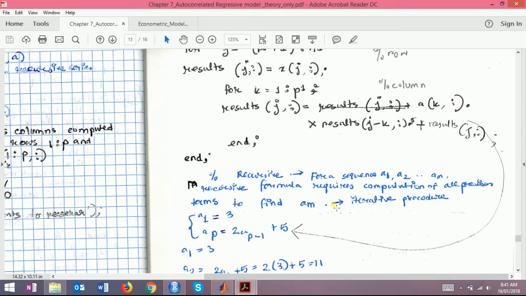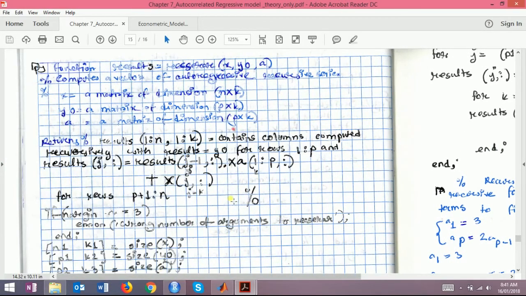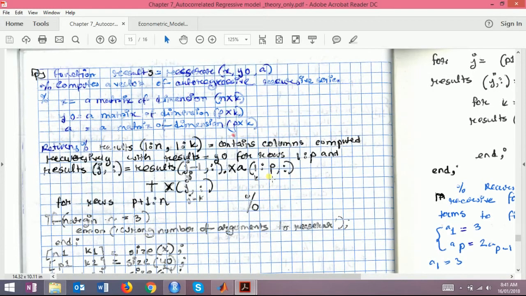You did two things. First you included in results what will go in, that means y naught. Then you used y naught to create the rows and columns, and this function will give you a recursive series when you run it, and that is important, we will use that.